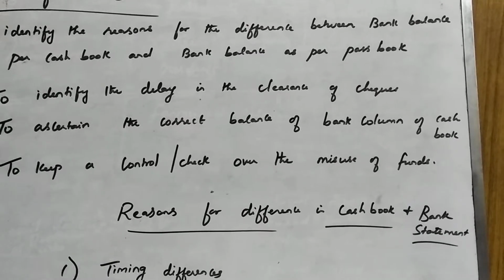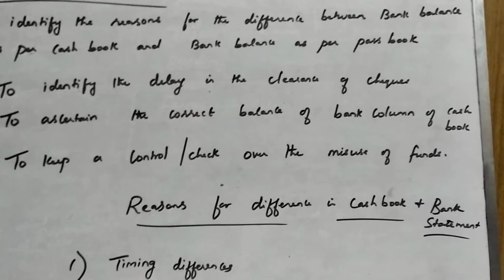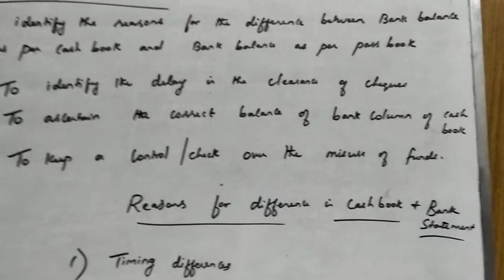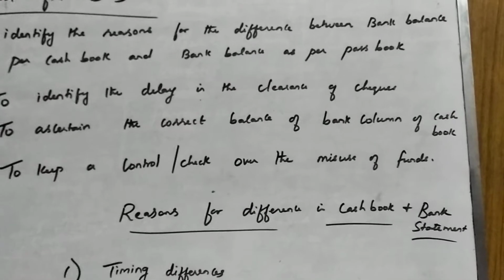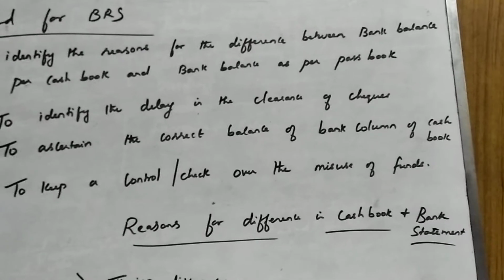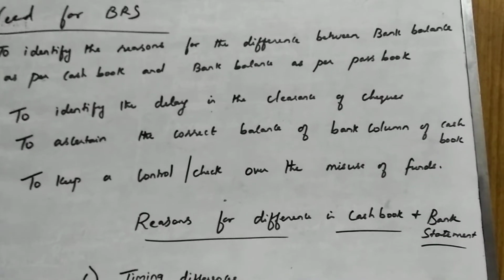So when we have this BRS, it can be done at any time. So it will always keep a control, or it can be used as a check over the misuse of funds.